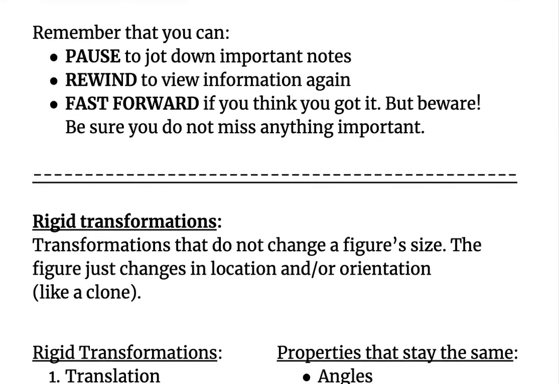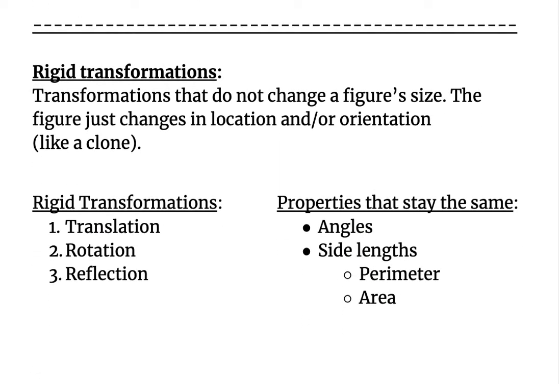Alright, so rigid transformations. Rigid transformations is just a vocabulary word, and it's referring to transformations that don't change a figure's size. So the figure just changes in location alone or location and orientation. So the shape itself and its size don't change.